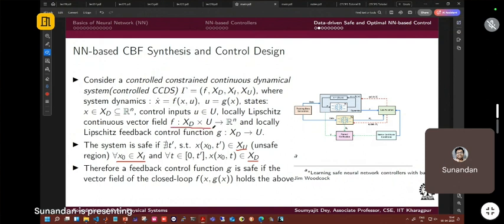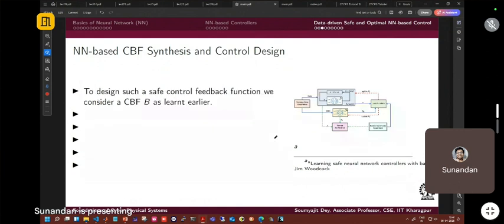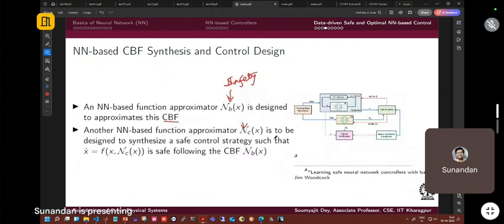This is how F is defined, this is how G is defined. And U is a valid set of inputs that we can take from the allowed set of inputs.